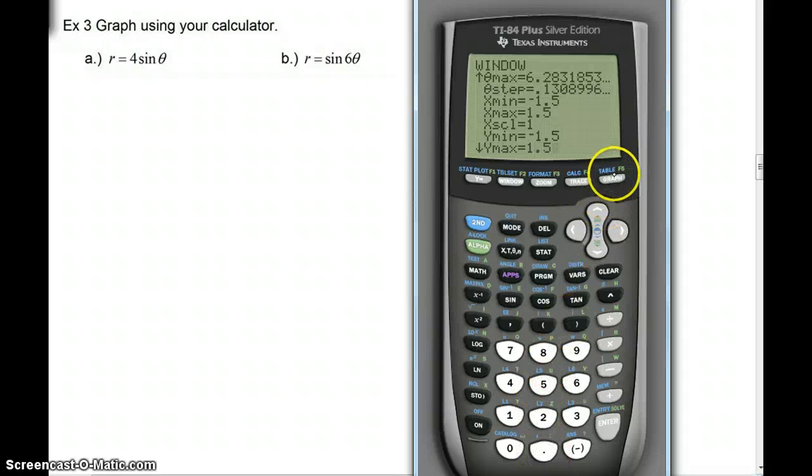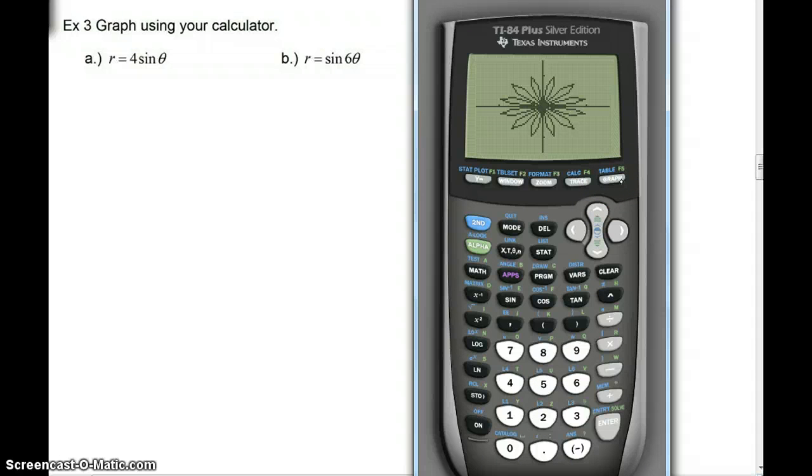Hit graph, and you will see a 12-petaled rose. Wow. Very nice looking shapes that you could be making here. We're going to stop for right now and come back and finish up this other graph in just a minute.